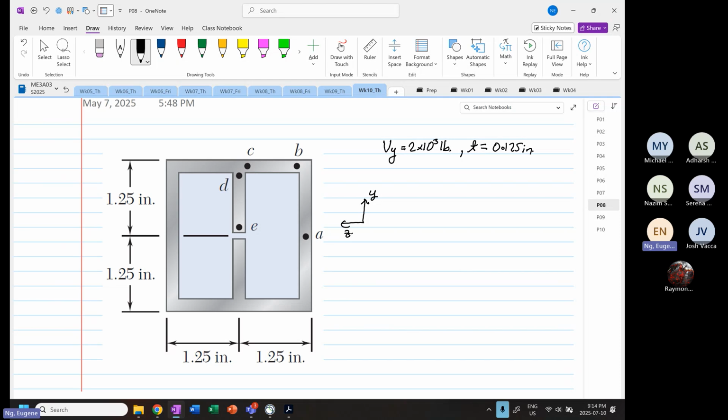So the thickness is 0.125. We are going to find the shear stress at points A, B, C, D, and E.